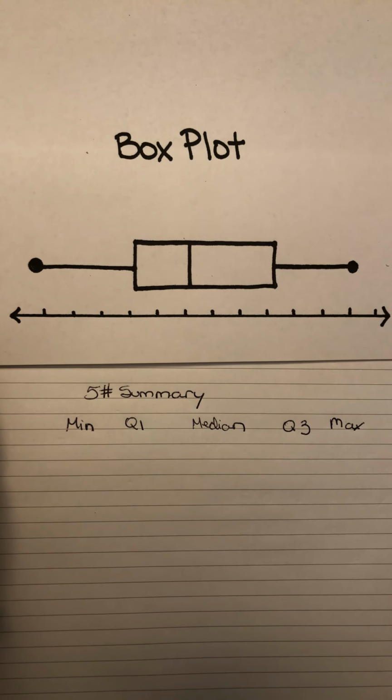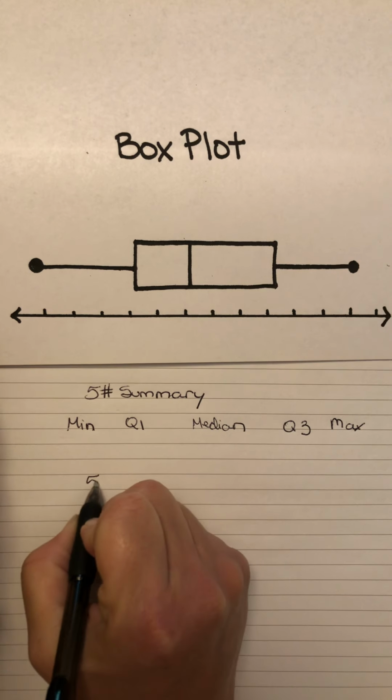So if I have the numbers 5, 6, 7, 14, 14, 18, and 20, what I'm going to do, I set them in least to greatest.